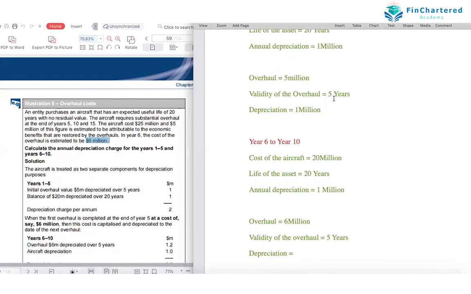Let's see who gives me the answer first. 6 million is depreciated over 5 years. So how much is the yearly depreciation? Please sit with your calculators, guys. Yes, Mariam, that's absolutely right. The yearly depreciation will be 1.2 million.